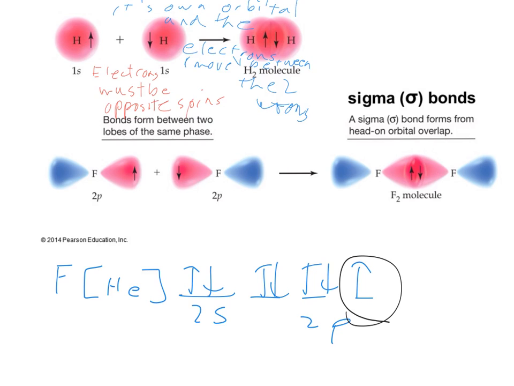Therefore, if it's going to form a bond, it's going to have to be because of the overlap of those half-empty p orbitals. Now, p's aren't nice spheres. Our s orbitals were spheres. Our p orbitals are ice cream cone shaped.